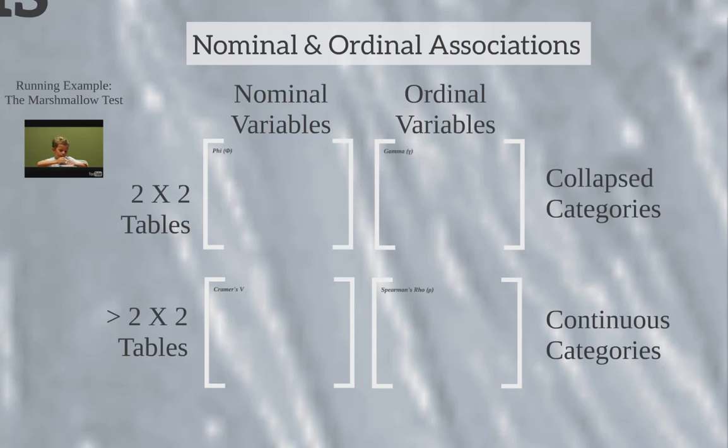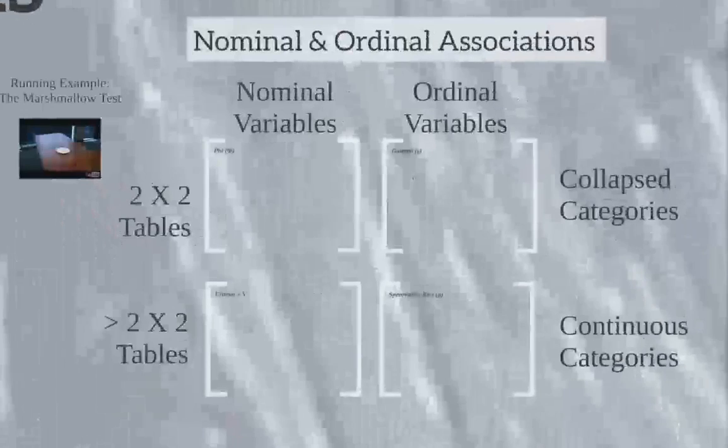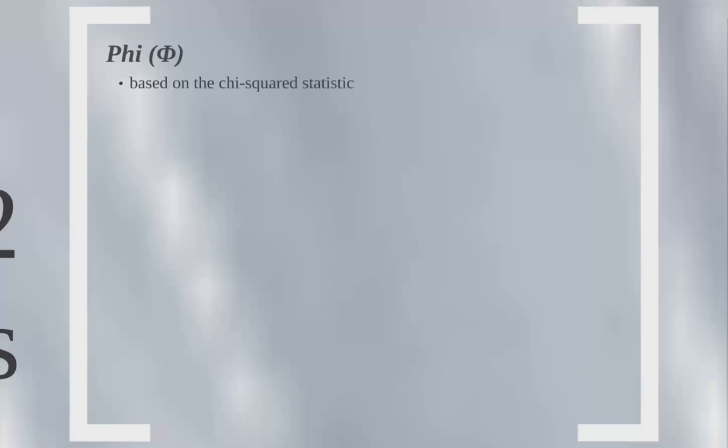So let's jump into this and look at a question between two variables, two nominal variables that each have two categories. You'll see what I'm talking about in a second. The phi statistic, just to give you some background, is based on the chi-squared statistic.